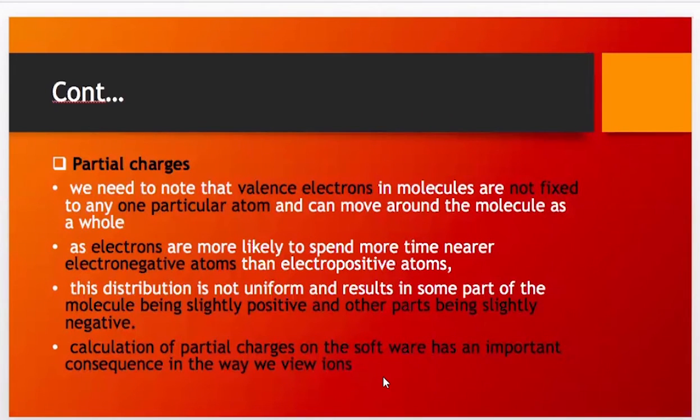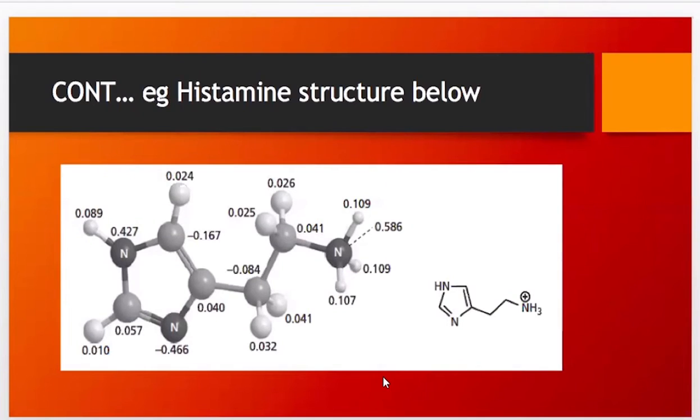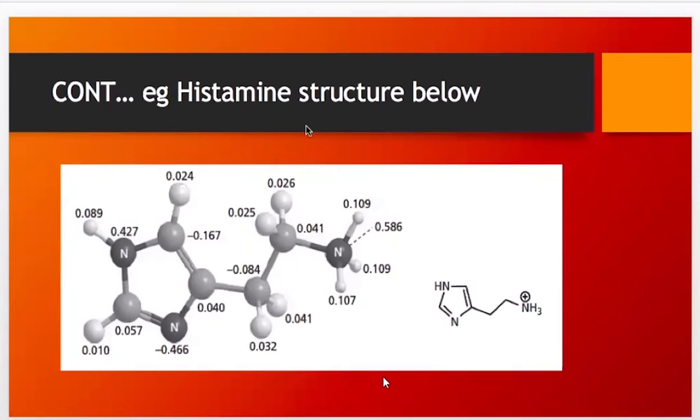Okay, and this is somewhere here. All right, so this is an example of a histamine structure. For us, we would normally draw it like that and put a positive charge there at the nitrogen atom, thinking that the charge is just localized at that nitrogen atom.